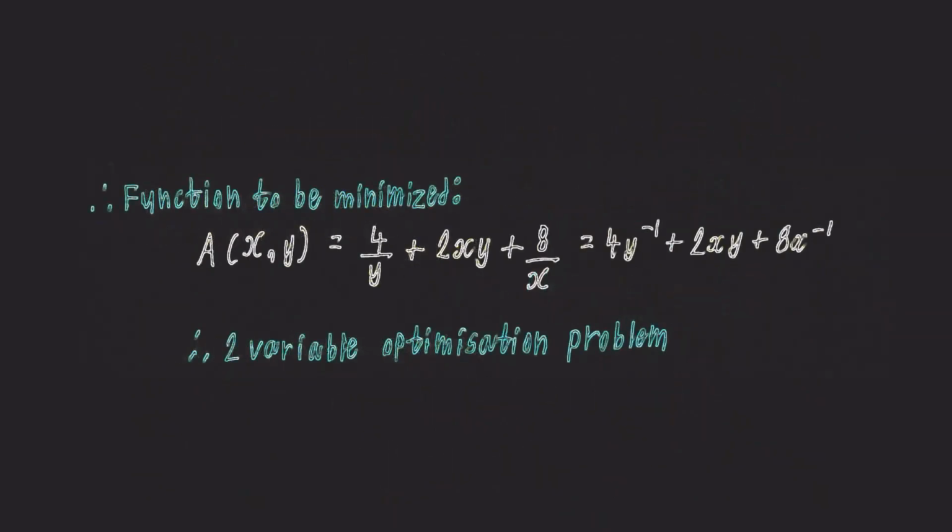So we have this function, the area of material, in terms of the 2 variables x and y, and this is the function here: 4 on y plus 2xy plus 8 on x. So this is the function that we need to minimize. So now it's evident it's actually a 2 variable optimization problem rather than 3.